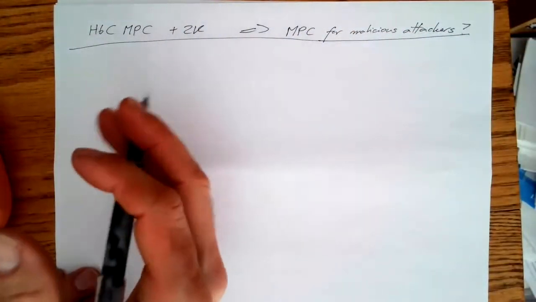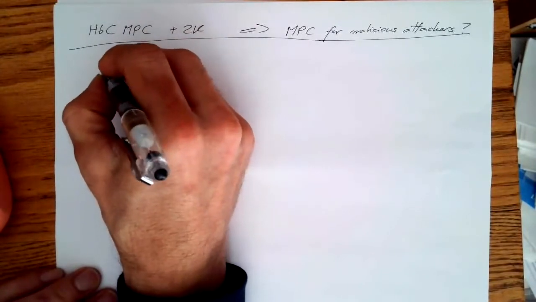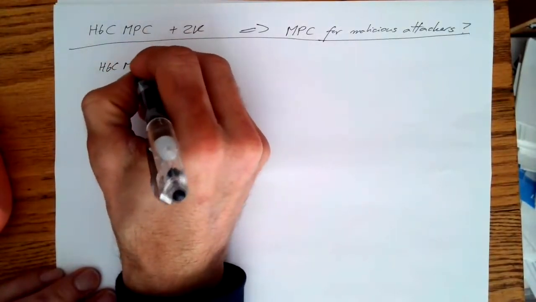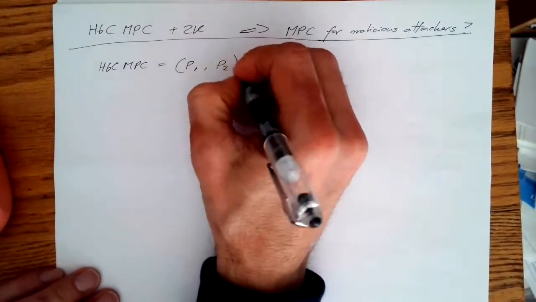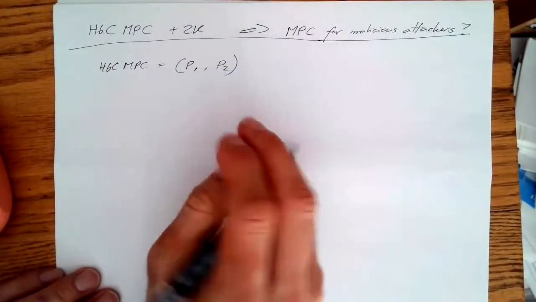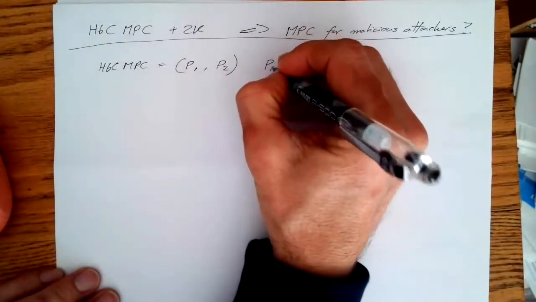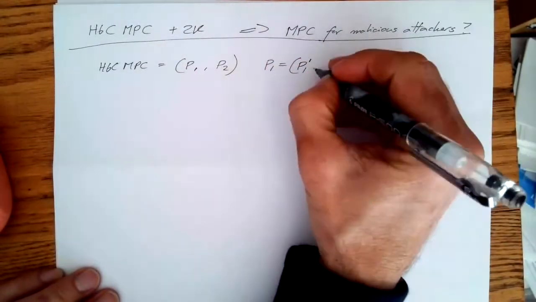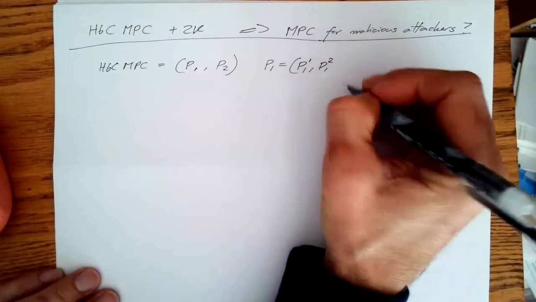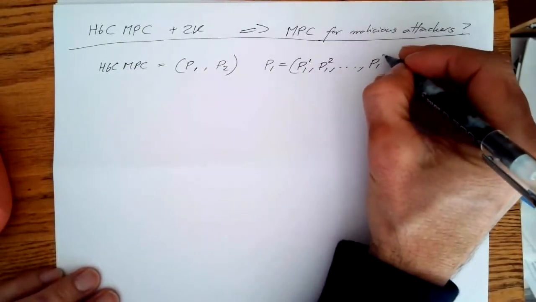Okay, let's do two-party. Let HBC MPC be a protocol for party 1 and a protocol for party 2, where P1 is really a protocol for what the party should do in the first round, what this party should do in the second round, and what this party should do in a final round.